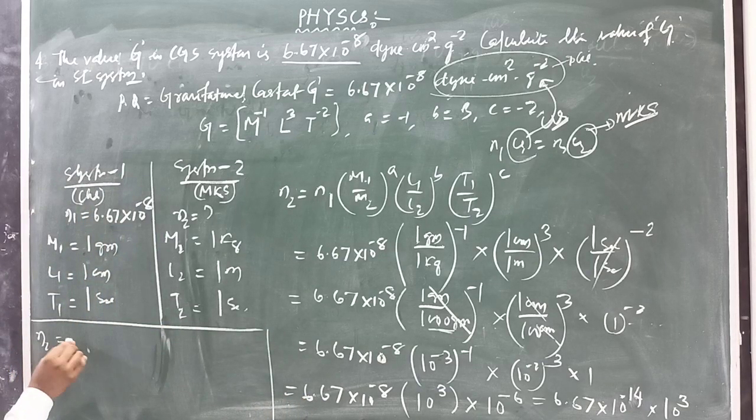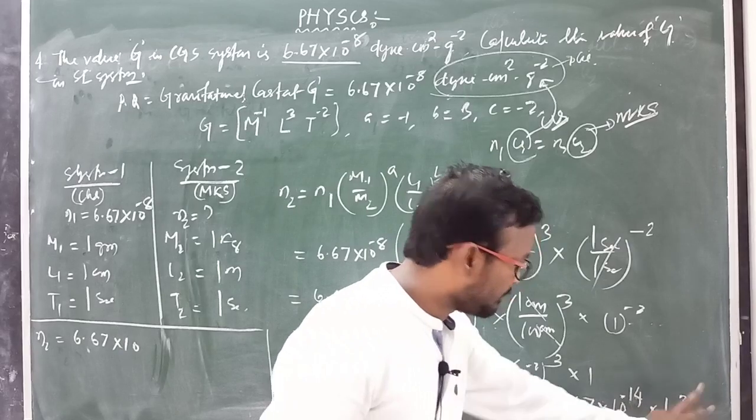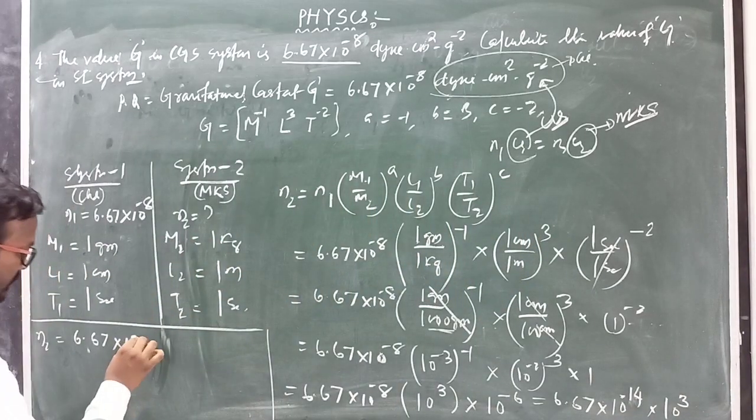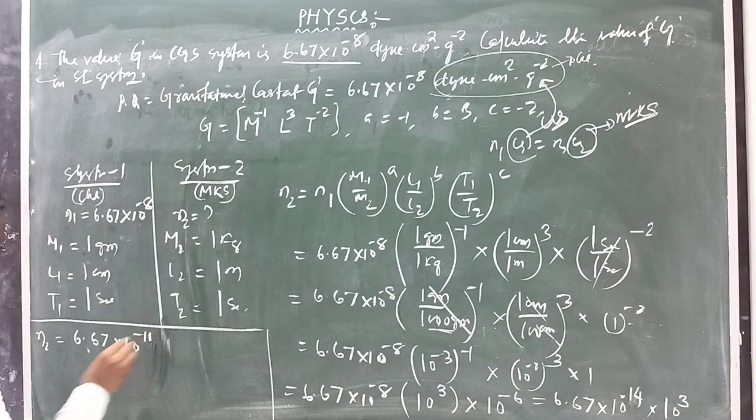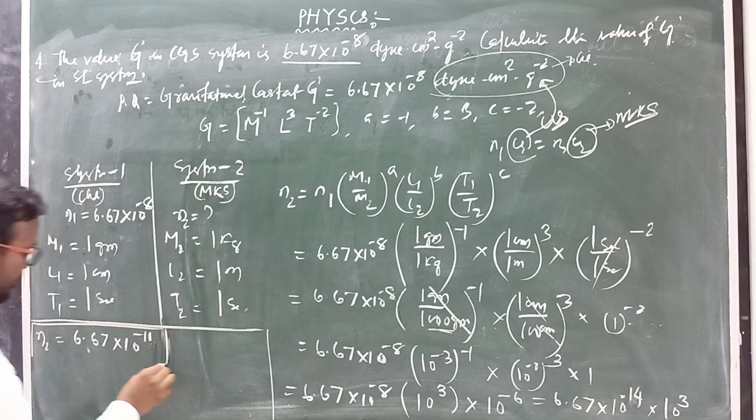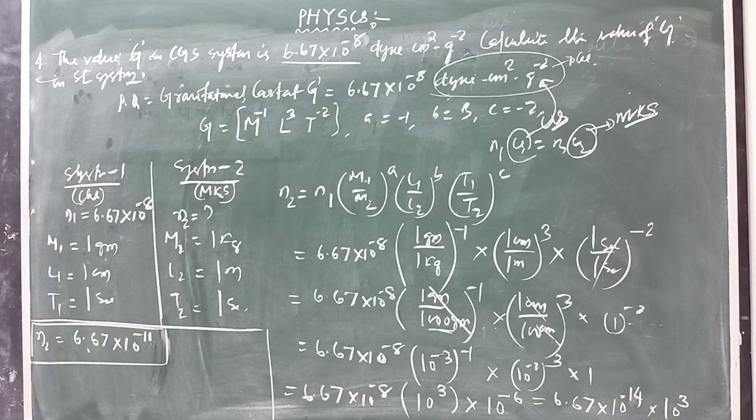So N2 equal to 6.67 into 10 to the power minus 14 plus 3, that is 10 to the power minus 11. This is the numerical value. Clear? So we get the numerical value which is equal to 6.67 into 10 to the power minus 11.